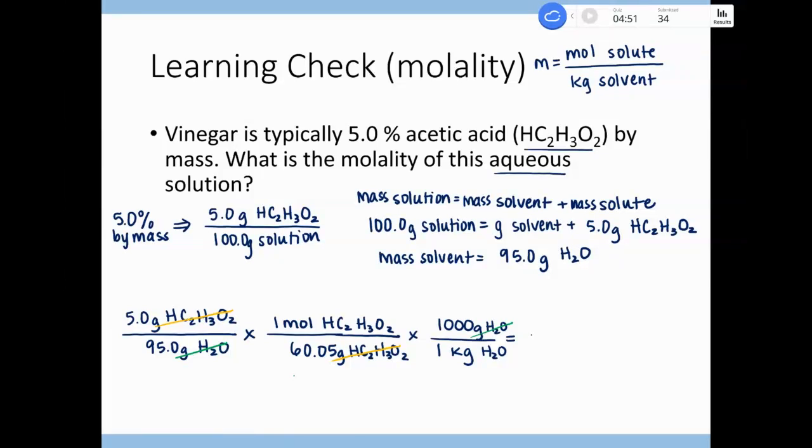So if you calculate this out, you should get 0.88 moles of acetic acid over 1 kilogram of H2O, or we can say that it's 0.88 lowercase m for molality.